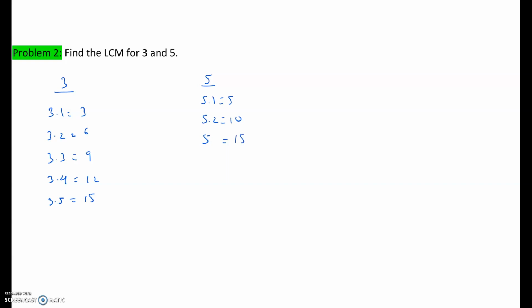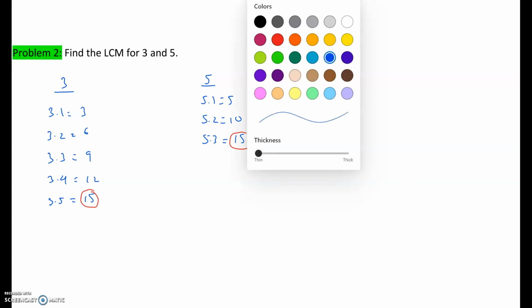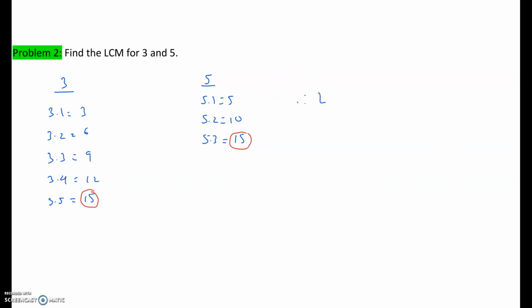For some of these, you can actually see the numbers and already find the LCM. In this case, our LCM is going to be 15. That's the lowest one of these two. So let me just rewrite it as the LCM of 3 and 5 is 15.